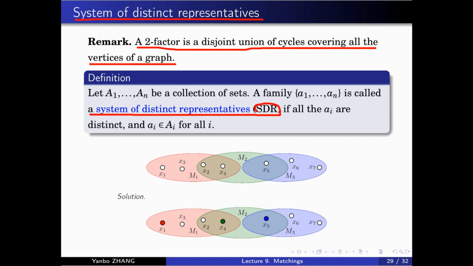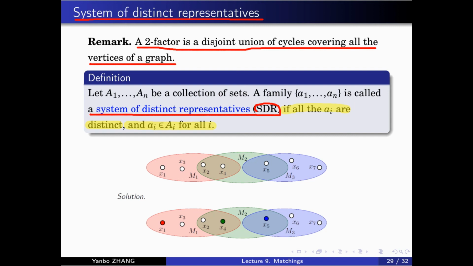A family a1, a2 up to an is called a system of distinct representatives if all the ai are distinct and lowercase ai belongs to uppercase Ai for all i.